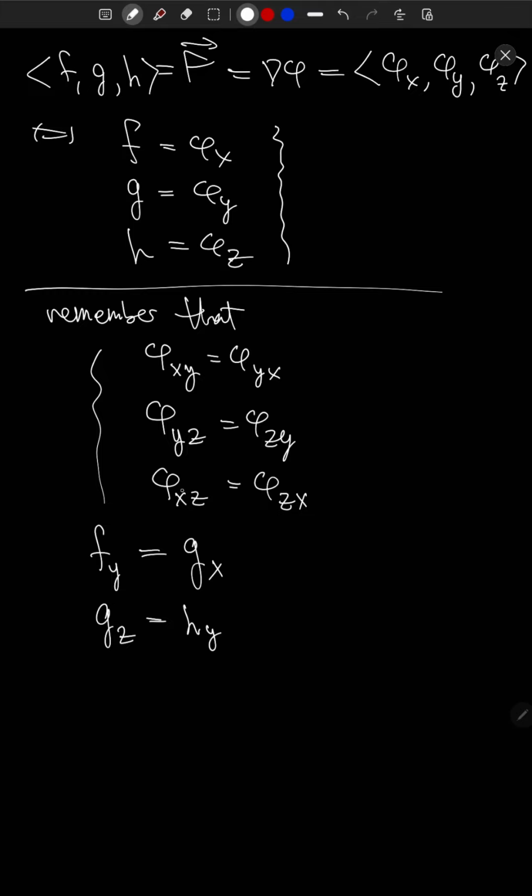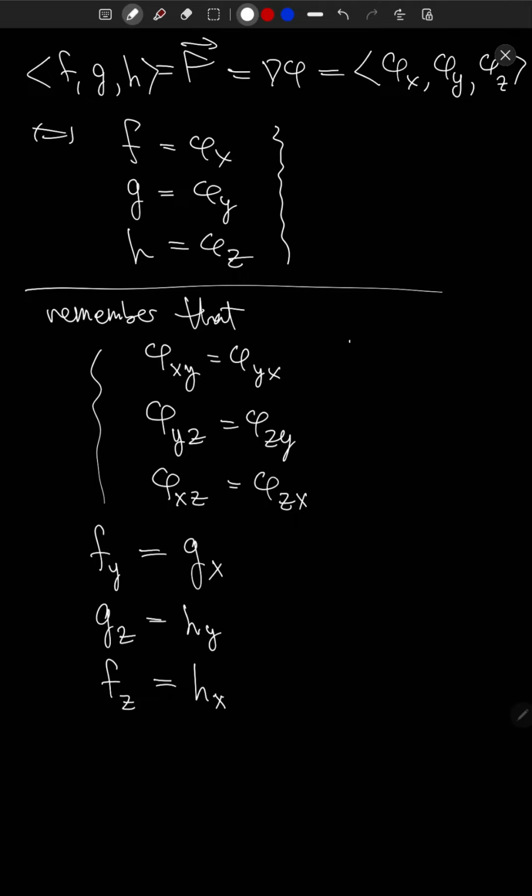The last one, phi sub xz is f sub z, and that should be equal to phi sub zx, which is h sub x. So here's where we actually wrote down something interesting.